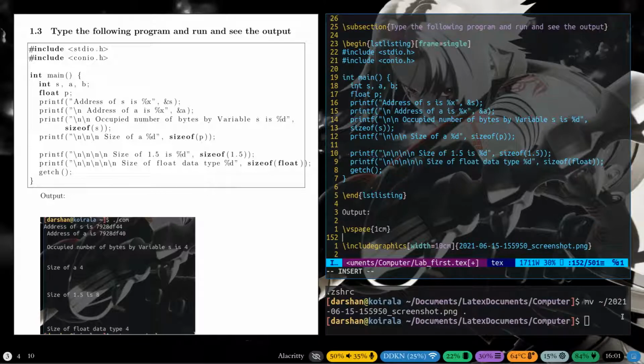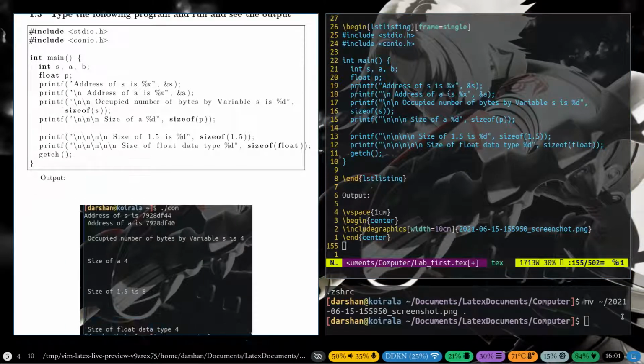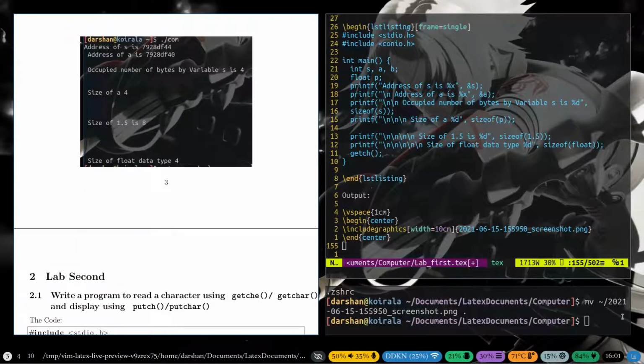Even 10 is going to be there. I'll keep this in the center. Okay, that's going to work basically. Yeah, no paste breaks now.